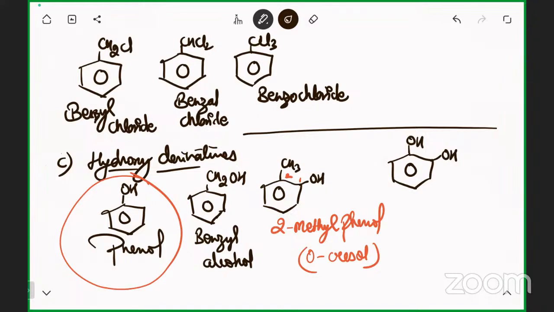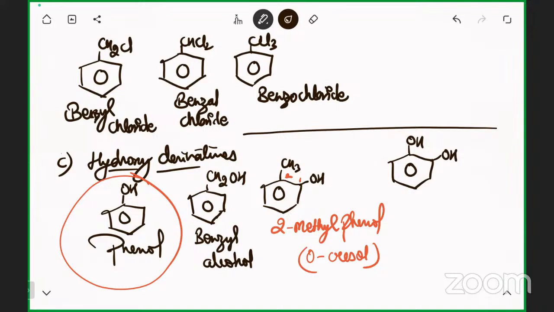Now how will you write the name? 1,2 diphenol. Okay, next one. 1, 2 dialcohol benzene.